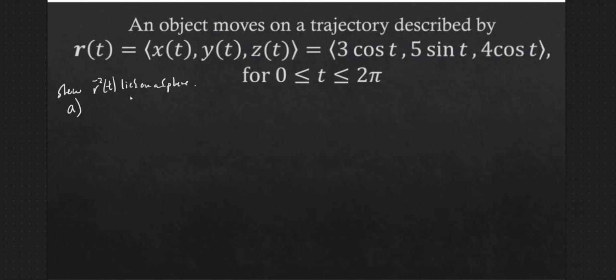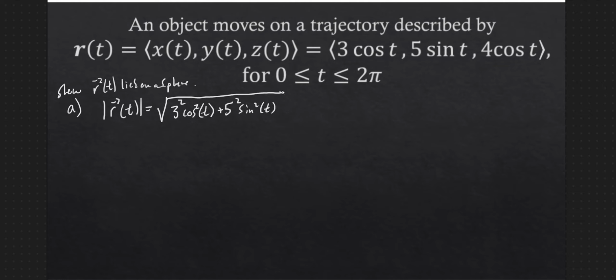And so what I'll do is I'll find the magnitude of my position vector. So let's compute the magnitude of the position vector. It's the square root of 3 squared cosine squared of t plus 5 squared sine squared of t plus 4 squared cosine squared of t.